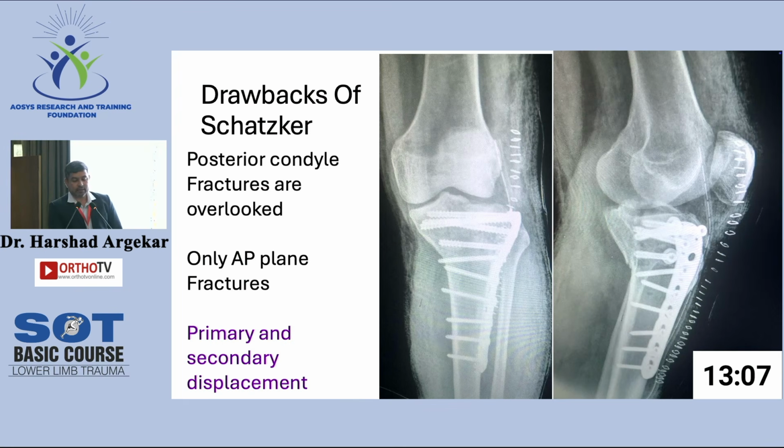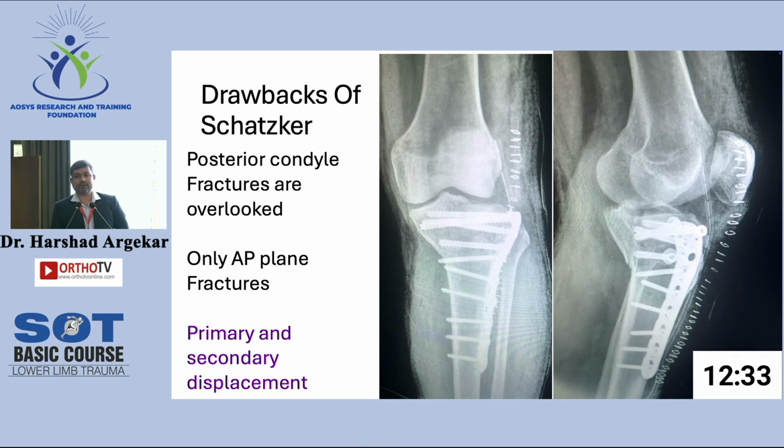So what were the drawbacks? You should understand primary and secondary displacement. Primary displacement is when you are fixing a fracture, especially a proximal tibia, where you try to reduce the articular part first and then put the plate close to the fracture. Earlier, when there were no locking plates available, when you put a cortical screw distally, you used to tumble down the construct you had made.